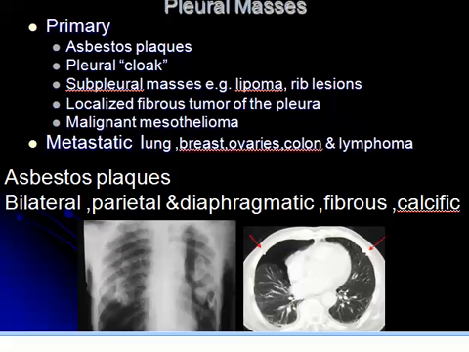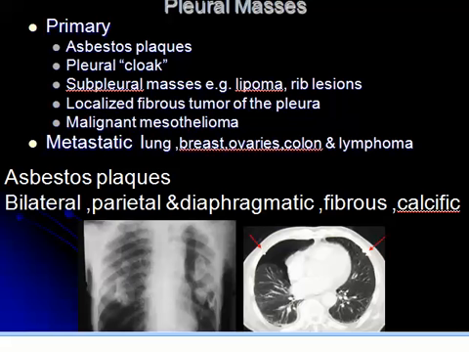So we can find the asbestos plaques, we can find the pleural collar, we can find subpleural masses not related to the pleura but adjacent to the pleura as rib lesions or lipomas.